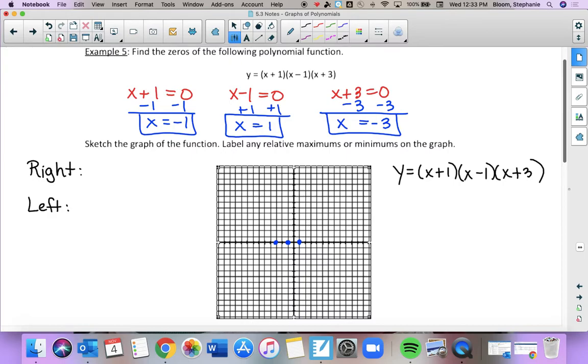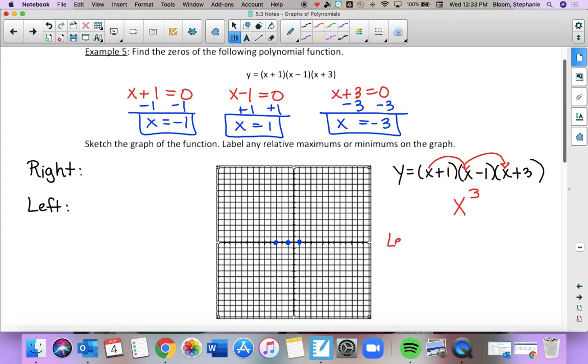What would I do to go from factored form to standard form? FOIL, but we don't need to do all of it. All we need to know is the very first term, right? So take all your first terms, multiply them together. So what's x times x times x? X cubed.